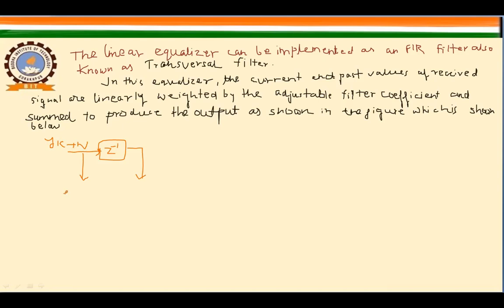This is the N1 minus, here, N1 minus plus 1, and the output of z bar k plus N1 minus 1.